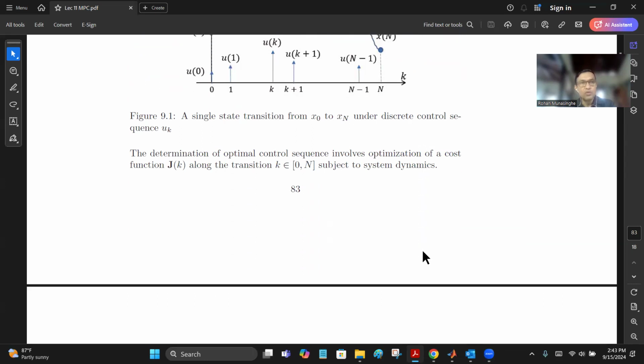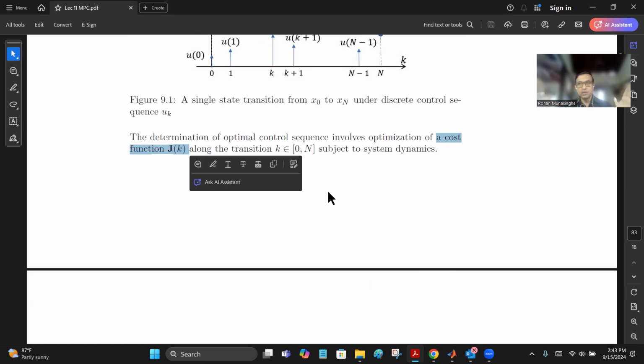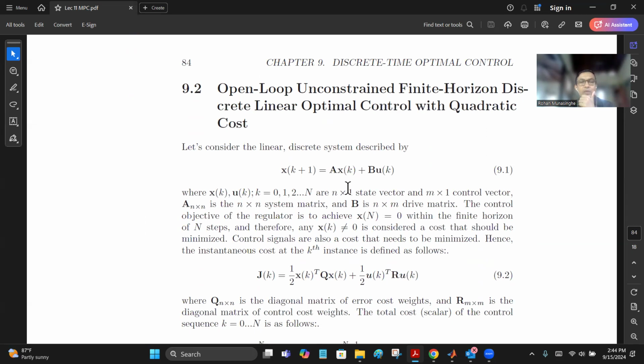Now, if you want to bring optimization into this evolution of control signal and state variables, you have to figure out a cost function along the transition, the cost function along the transition 0 to capital N. And also we have to think about how these state variables and the control signals are linked together, because it's just one single system to which you give the control signal, and as a result, a state change.